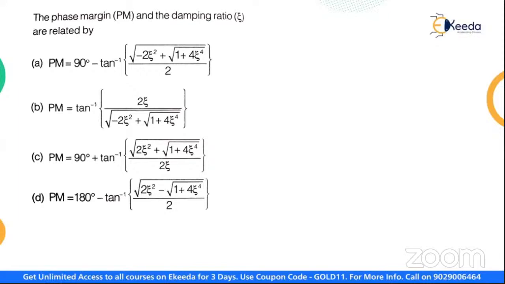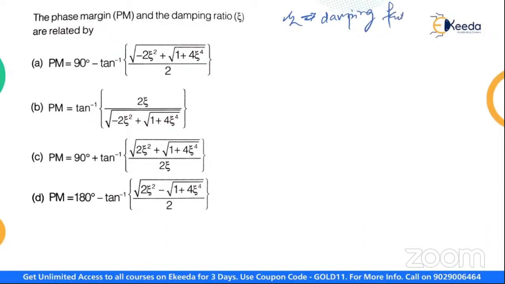Now next: the phase margin PM and the damping ratio zeta are related by. By the way, I wanted to tell you one thing here. Whenever we talk about zeta, many institutes or many students tend to write zeta as damping factor.